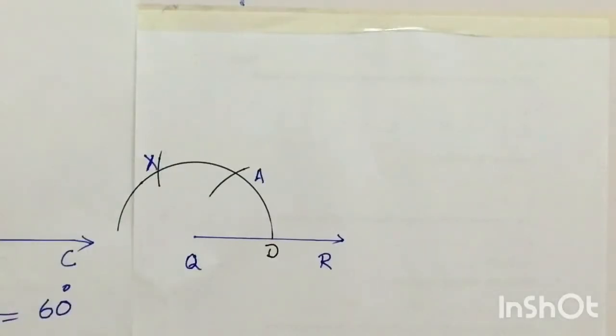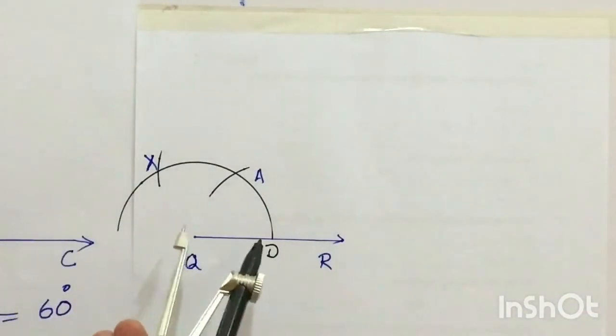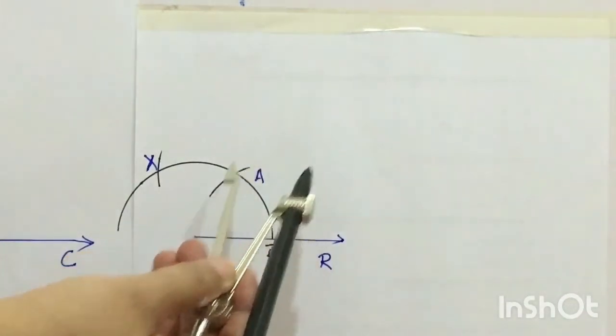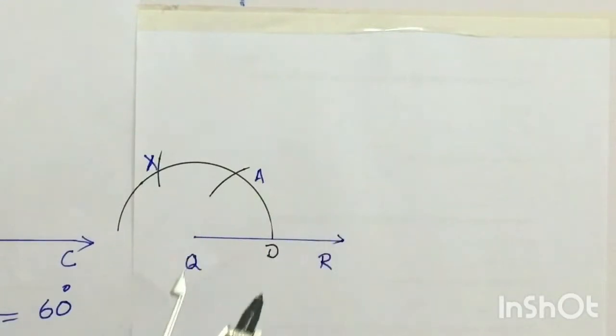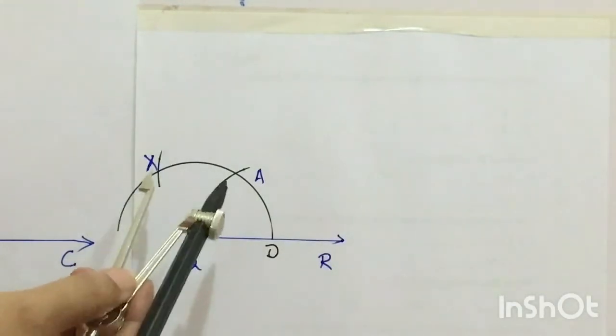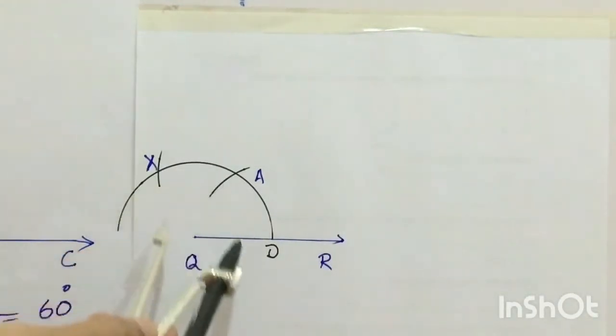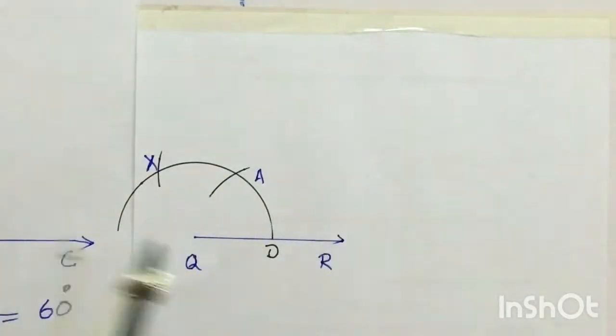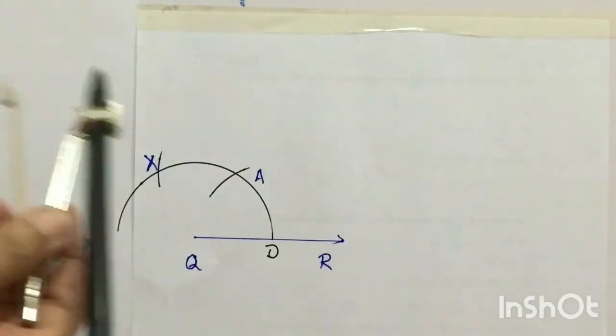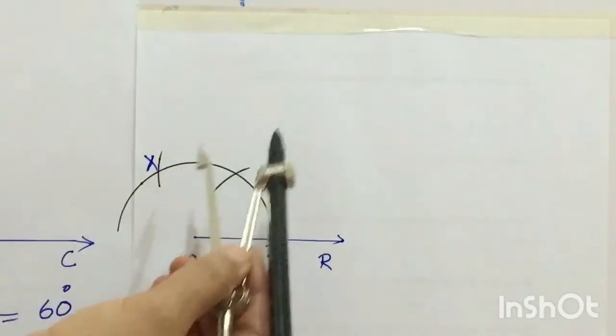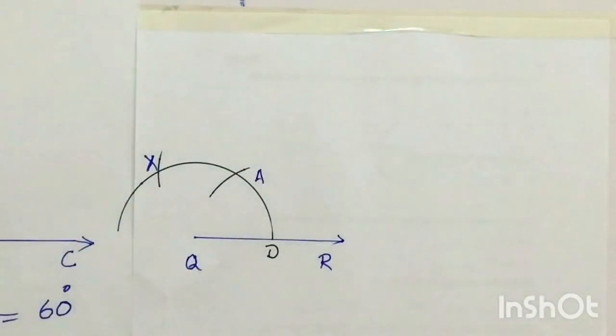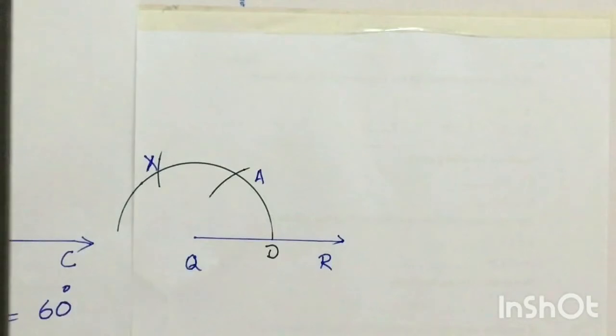Now you can see I have already drawn the figure in which if I join Q to A, then angle AQR is of 60 degrees. If I join X to Q, then angle XQR is of 120 degrees. Now if I want to get an angle of 90 degrees, I will just have to bisect this part of the arc. But the important thing is I am not changing the size of width.